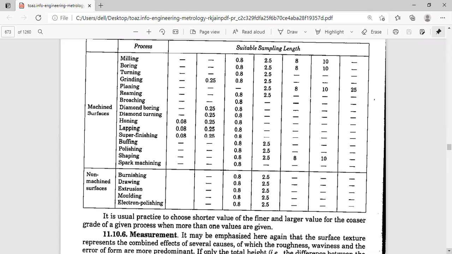Actually, the shorter the value, the finer is the surface finish, as I already told you, and the larger the value, the coarser the grade for a given process, machining process or production method. So already we have discussed that also. We have a low surface roughness value for honing and lapping, like that.